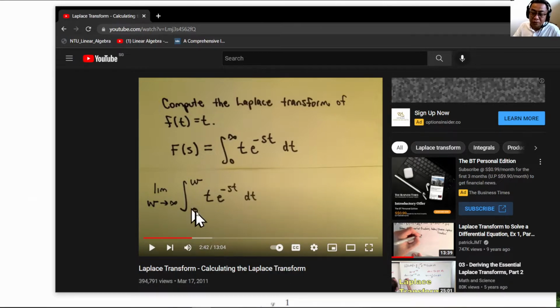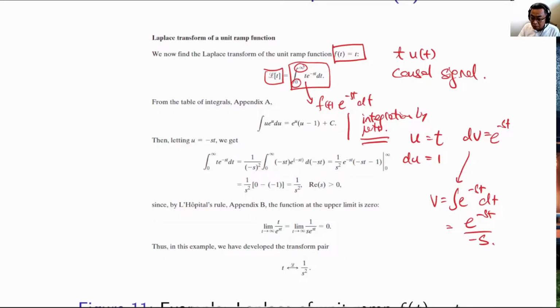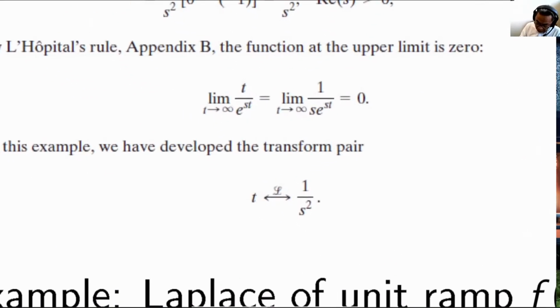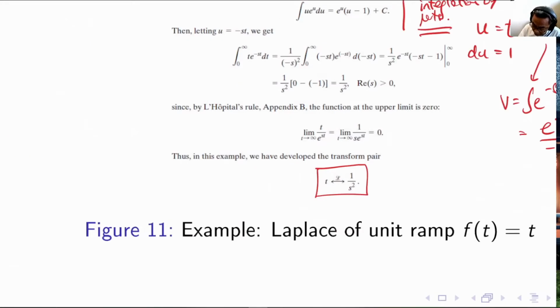But again, he also did what I have done, which is integration by parts using u equals t and dv equals e minus st. If you have done all the computation, the end result will be this. The Laplace transform of t is 1 over s squared, with the ROC that the real part of s must be greater than 0.